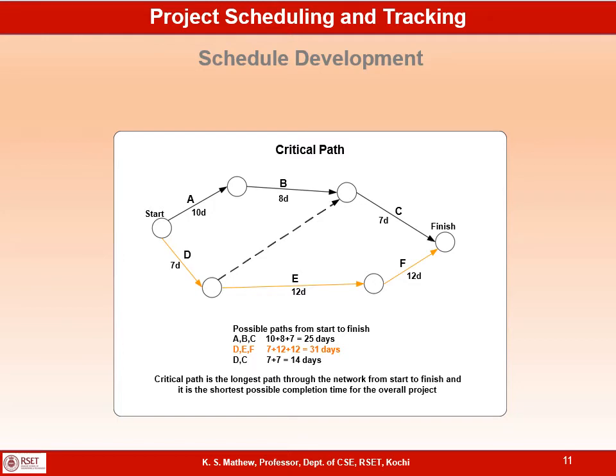So the minimum time for you to complete the project is the longest path duration, which is 31 days, and that path is called the critical path of your project. So critical path is the longest path through the network diagram from start to finish, and it is the shortest possible completion time for the overall project. So you need a minimum of 31 days to complete the project, and that's the duration of the longest path between start and finish, and that is called the critical path of a project.